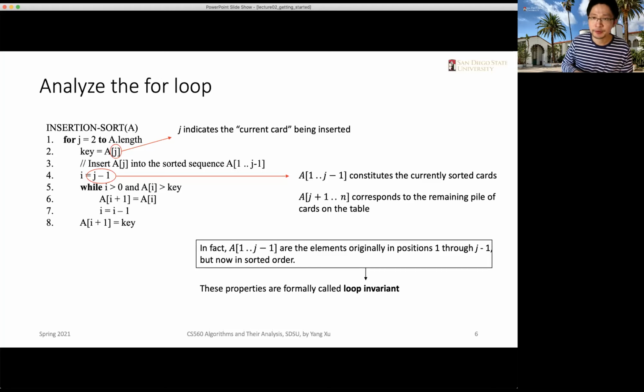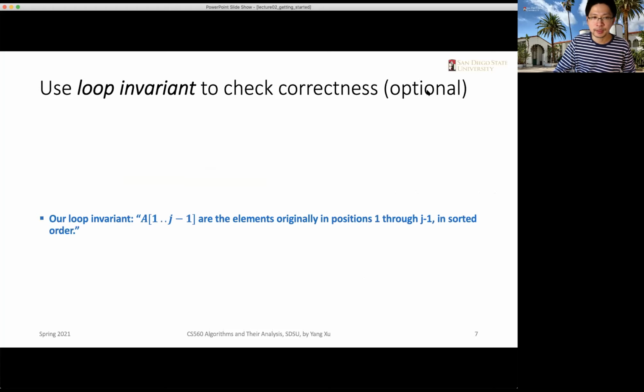This term loop invariant will be used to analyze the correctness of a loop, or the correctness of an algorithm that has a loop structure involved.